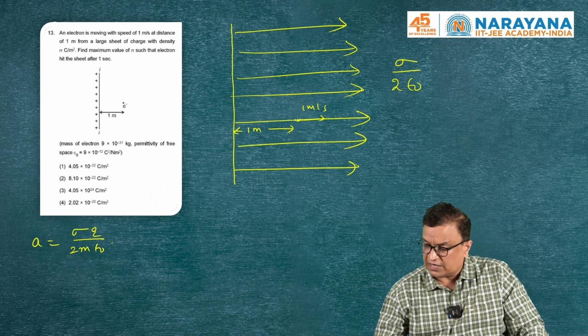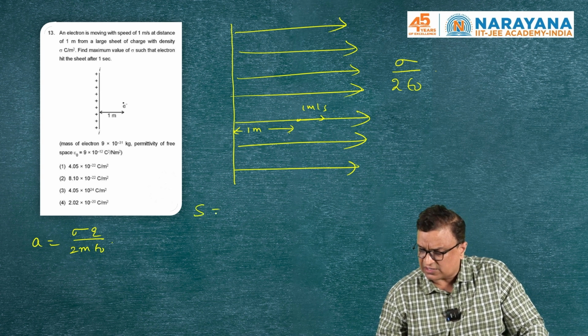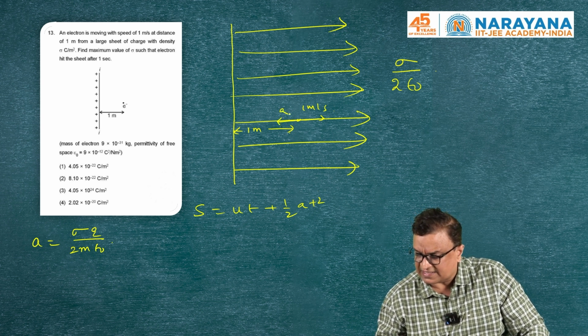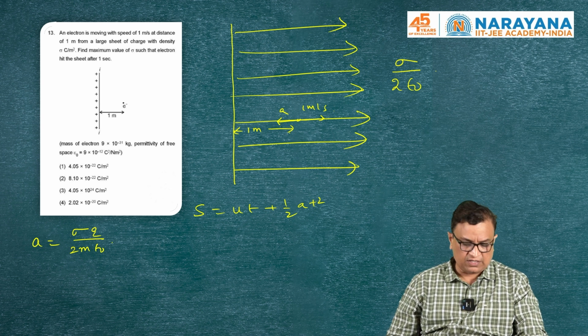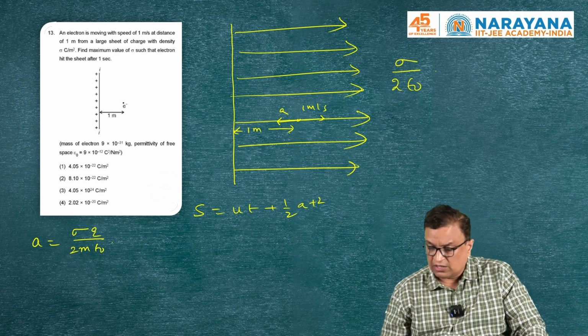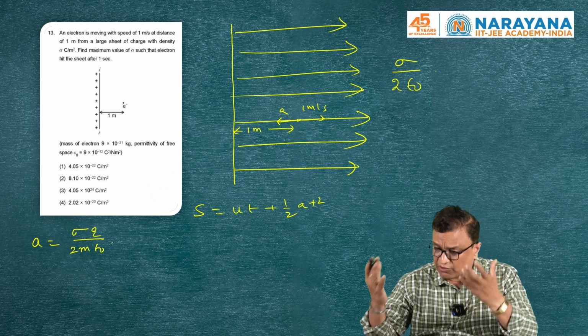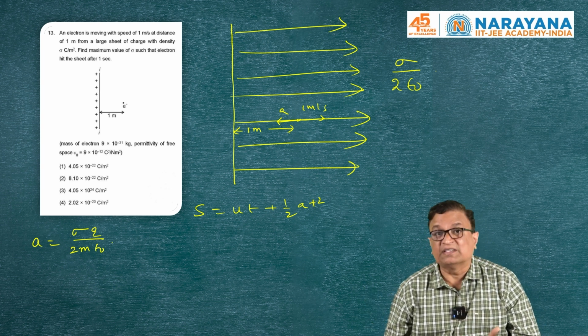If it is projected away, then use the formula S = ut + half at square, because the electron will experience acceleration in this direction. So you have S, you have u, you need to find a, because time is also given.